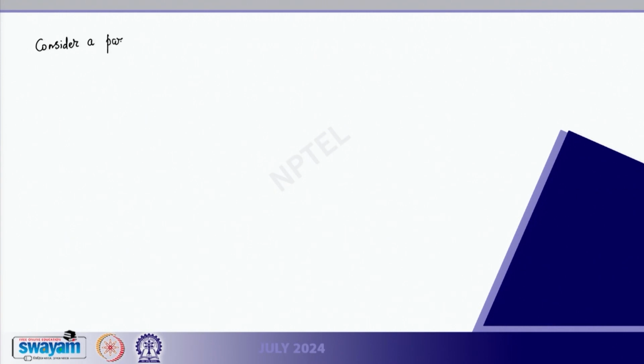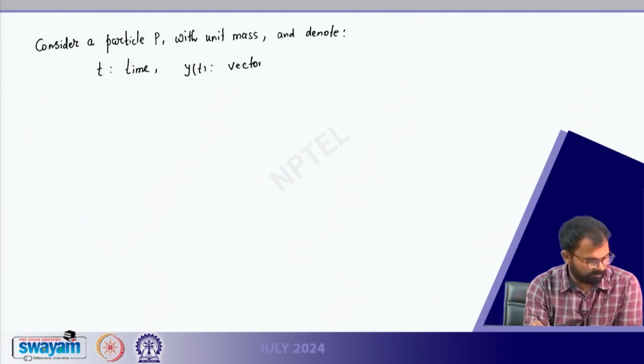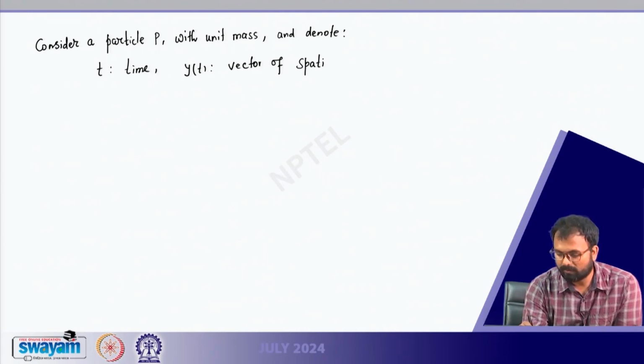Consider a particle P with unit mass, that means the mass is 1, and denote t as the time, y(t) as the vector of spatial coordinates.